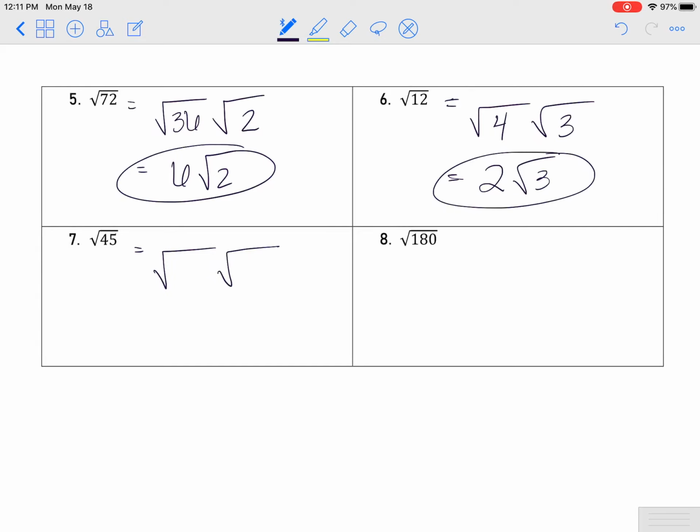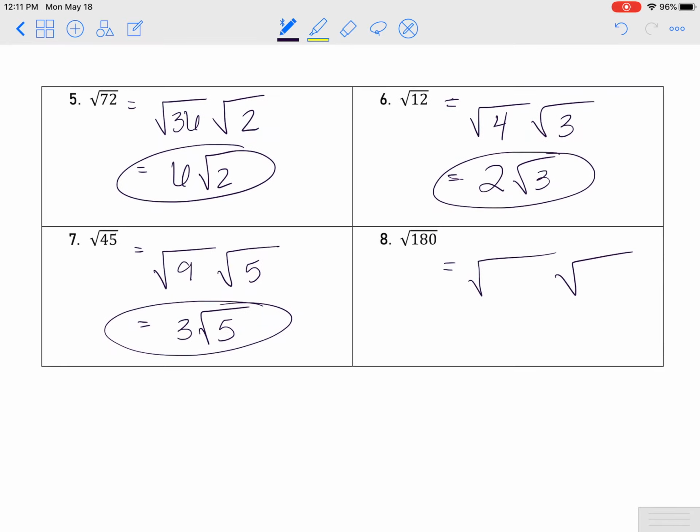Square root of 45. I can divide that by 9 and 5. So my answer would be 3 radical 5. And the last one, 180, so a much larger number.